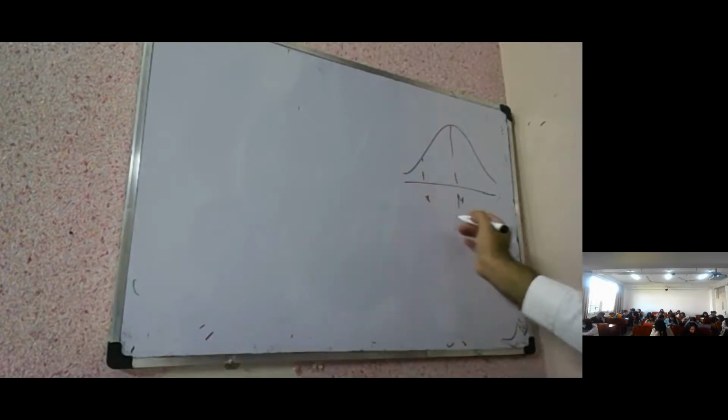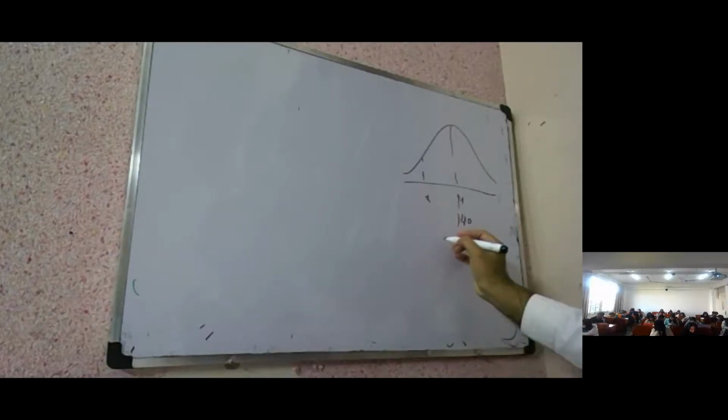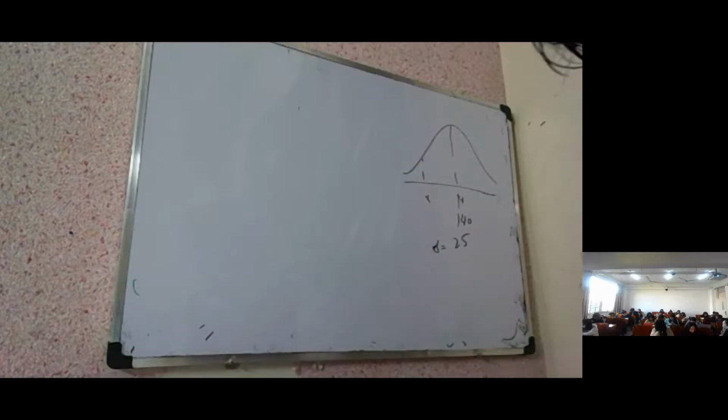For example, assume that the aptitude test scores are normally distributed. The mean is 140. Now here mean is given, 140. Standard deviation is also given. Sigma is given, which is 25 points. Within that interval, x1 and x2.